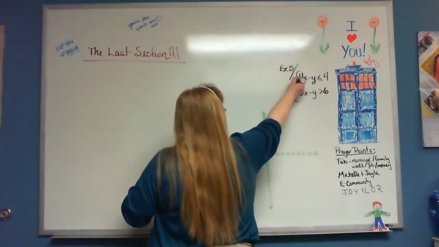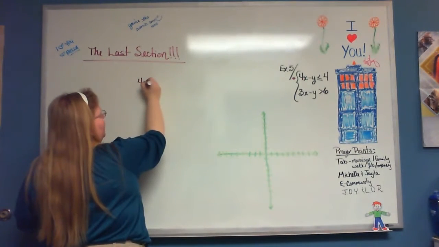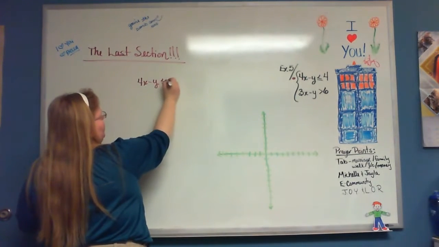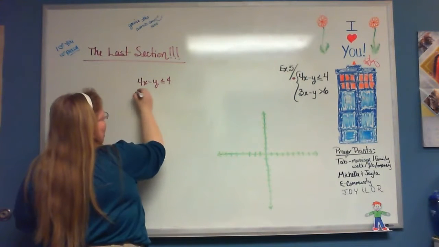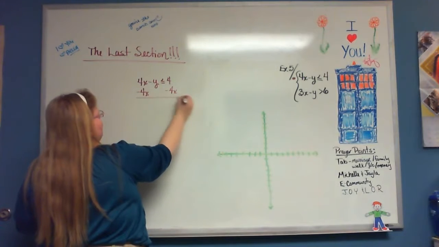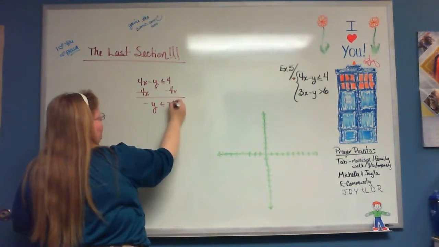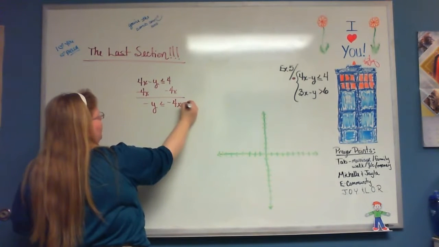We'll do the top one in pink. So it started out as 4x minus y is less than or equal to 4. Got to move my x, so I'll subtract 4x from both sides. Get negative y is less than or equal to negative 4x plus 4.